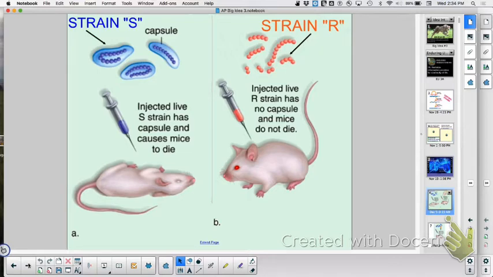So you remember about Griffith and the mice and 2 different strains. One was lethal, one was not. And what was the experiment that was done? Tell them about what the experiment was. So you had strain S, heat killed S, makes it kill the mice.